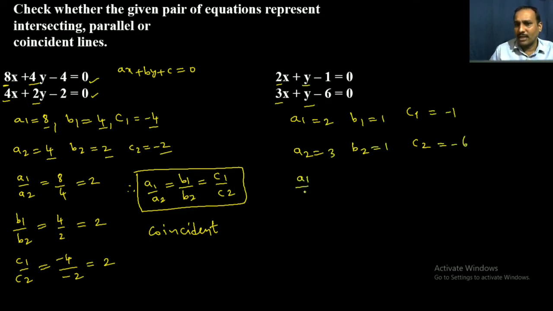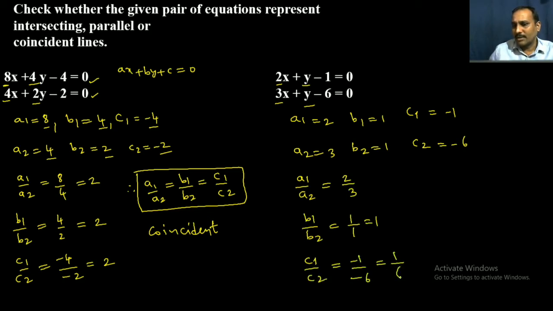Let us find out a1 by a2, that is 2 by 3, b1 by b2, that is 1 by 1, that is equal to 1, and also c1 by c2, that is minus 1 by minus 6, that is 1 by 6. All the three ratios are different.